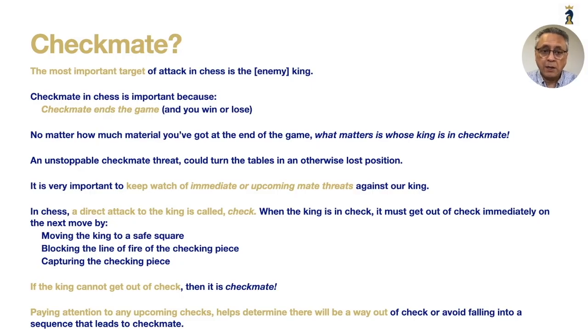We can get out of check by moving the king to a safe square, blocking the line of fire of the checking piece, or capturing the checking piece. If the king cannot get out of check, then it is checkmate. Paying attention to any upcoming checks helps us determine there will be a way out, so that we don't fall into a sequence that leads to checkmate.